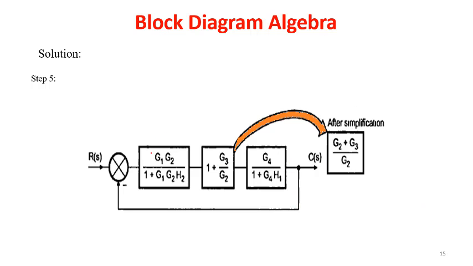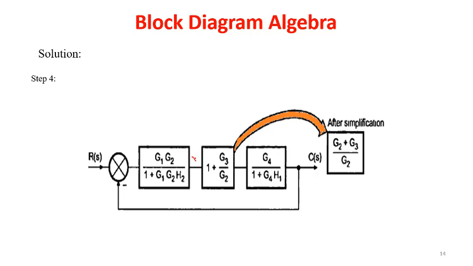We can see that the minor loop has been converted into the block G1 G2 divided by 1 plus G1 G2 H2, and the parallel blocks have been written as 1 plus G3 divided by G2, and after simplification it can be replaced as G2 plus G3 whole divided by G2, and the previous existing block is being retained there itself, only G4 divided by 1 plus G4 H1.